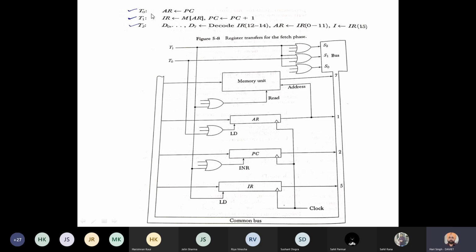So in the T0 state, what step is to be followed? What is to be done by the control unit in the T0 state? What will the CPU do in the T0 state?